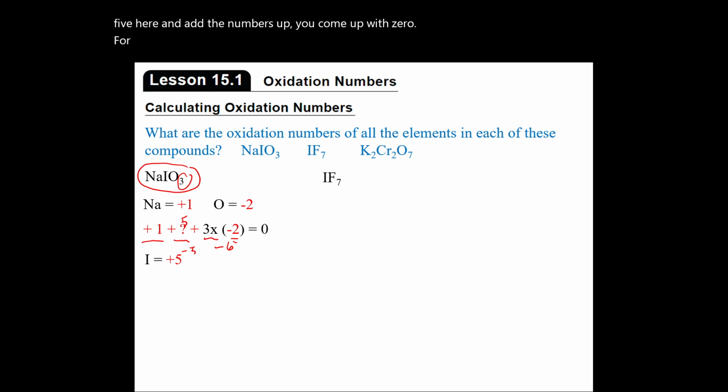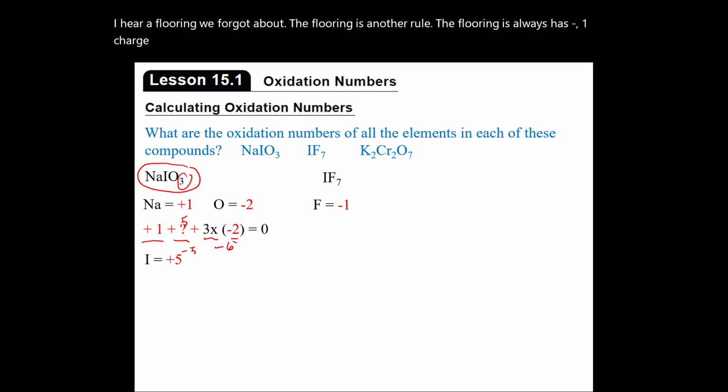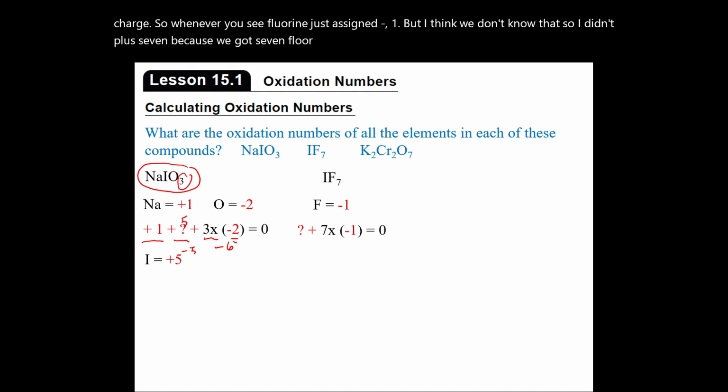For iodine heptafluoride, here we have fluorine. We forgot about the fluorine, which is another rule. Fluorine always has a -1 charge. So whenever you see fluorine, just assign -1. But iodine, we don't know that. So iodine plus 7, because we got 7 fluorines, multiplied by its charge -1 equals 0 because it is neutral.